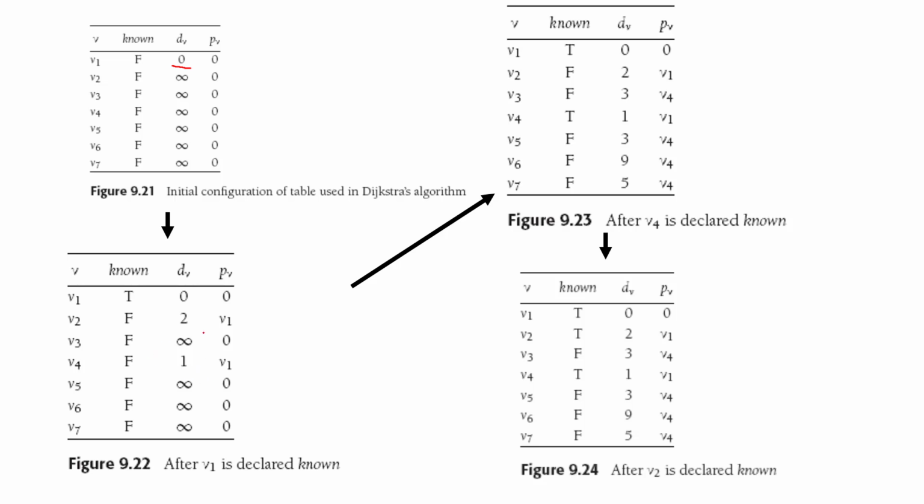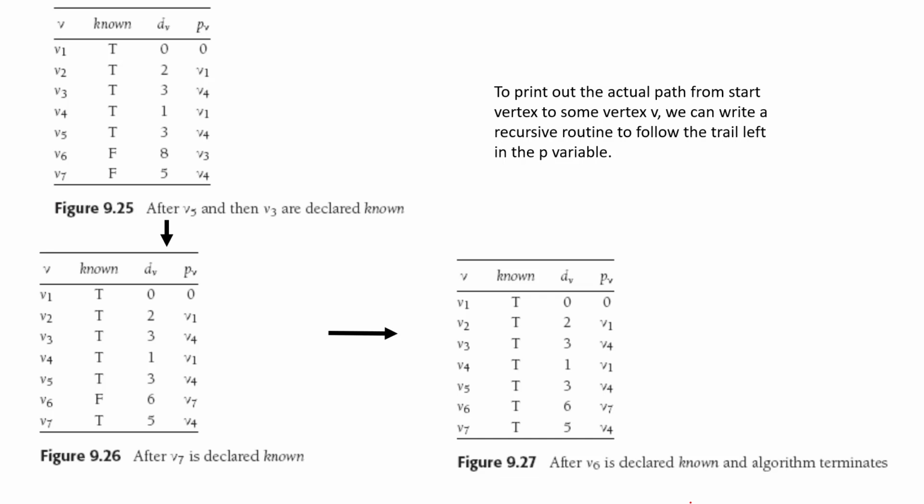So we picked the minimum one, and after V4 is declared known, we update the distances of all the vertices we can reach from either V1 or V4, and then we again pick the minimum edge, and that will be V2, and so on. So what we just discussed looking at the graph, the same thing they have shown here.